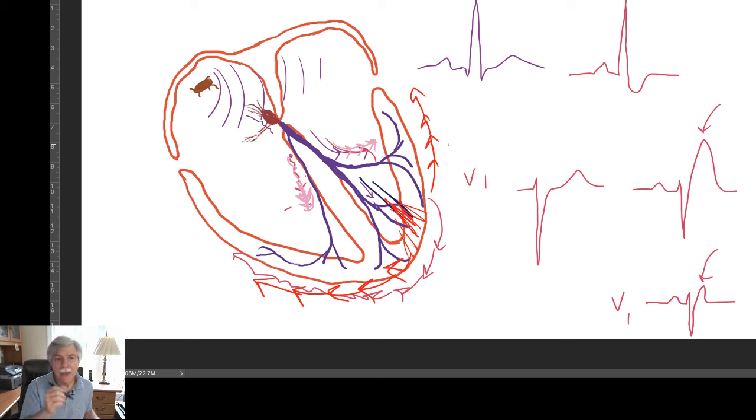Now, the idea of trifascicular block is, what if that third hemifascicle is also diseased, but not delayed as much as the other two branches? So you've got marked delay in the right side, you've got marked delay in the anterior hemifascicle, but the posterior hemifascicle is still delayed, it's still sick, but it's faster than the other two.